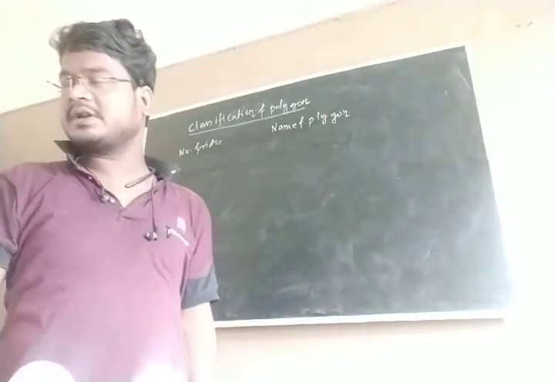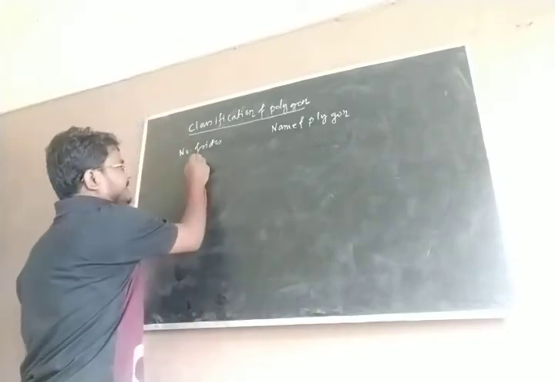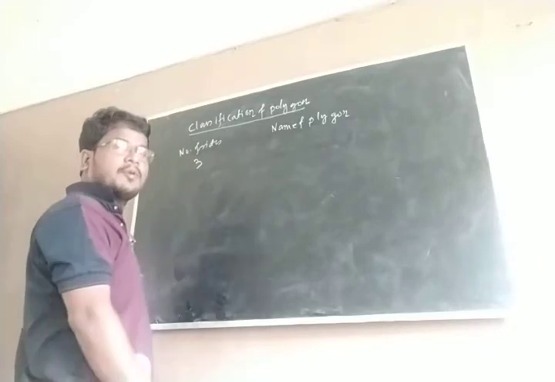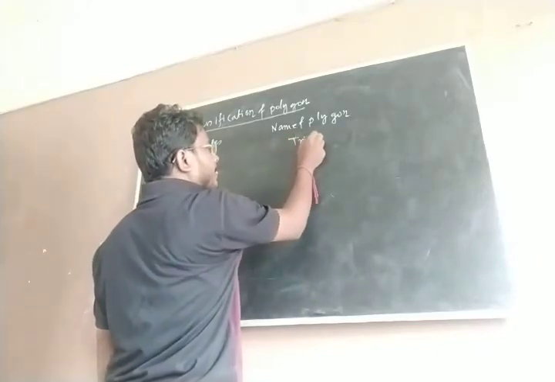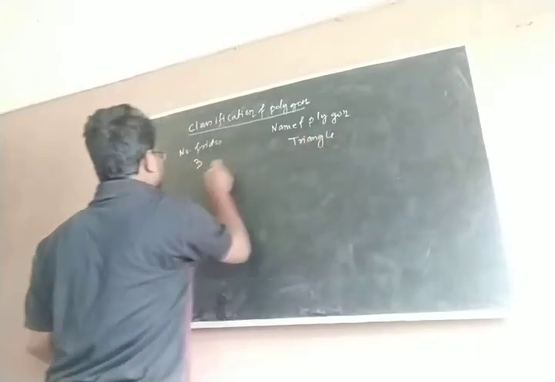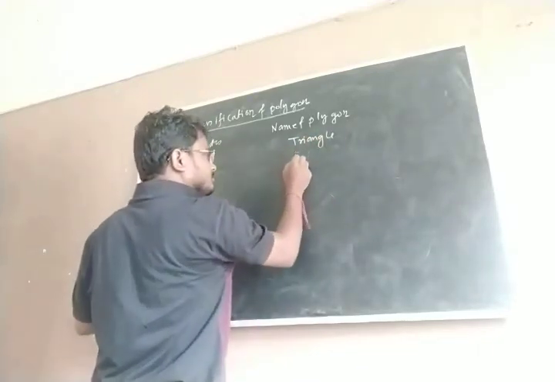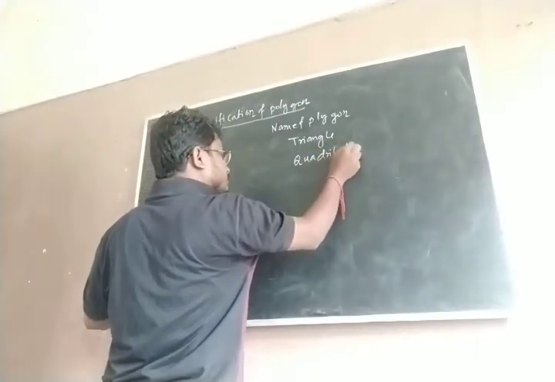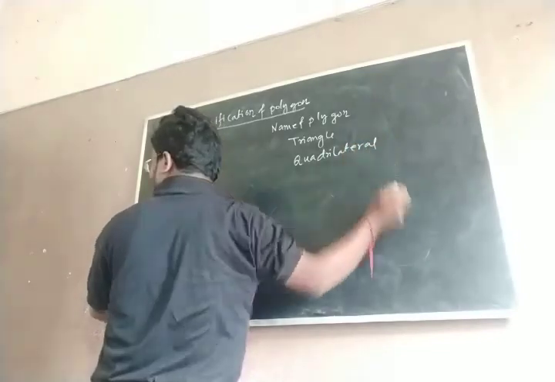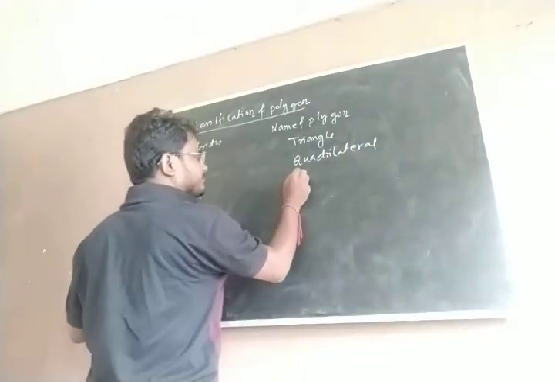Number of sides and name of polygon. If the number of sides is 3, then the name of the polygon is triangle. If it is 4, quadrilateral. If the number of sides is 5.